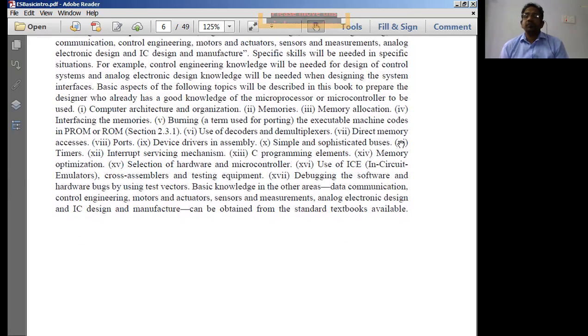Now in the syllabus, we have only the theoretical part. We are not designing a full embedded system in the theory part, so we just have to understand the concepts.